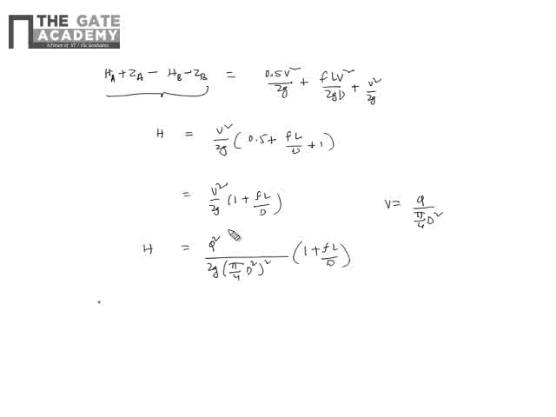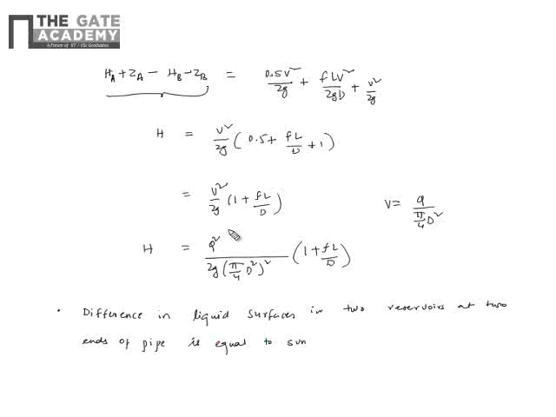So there are a couple of points here. First, the difference in the liquid surfaces in the two reservoirs at the two ends of the pipe is equal to the sum of the various head losses.